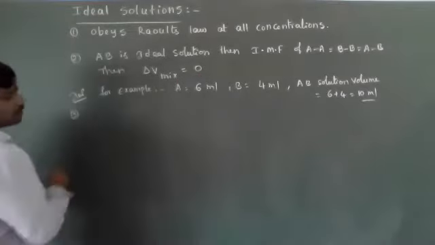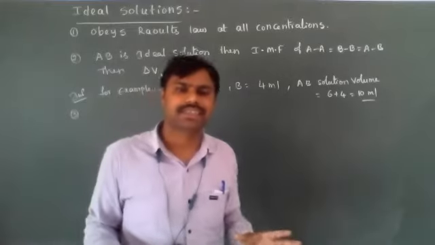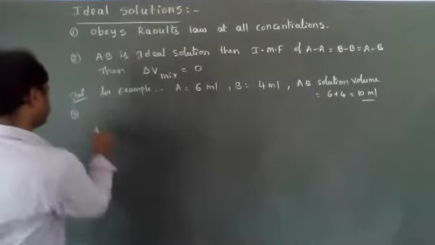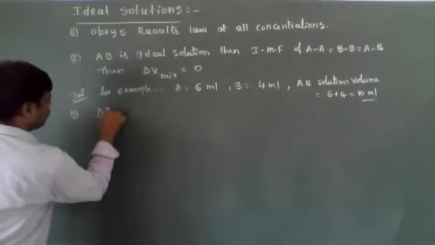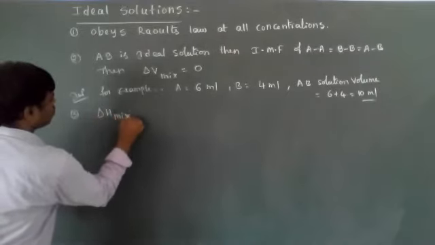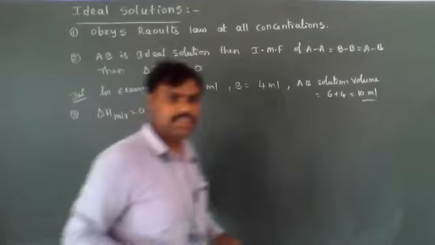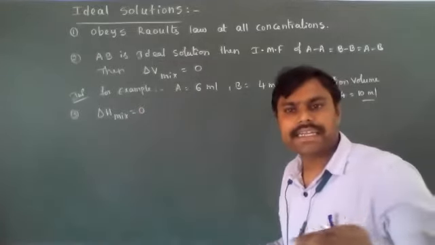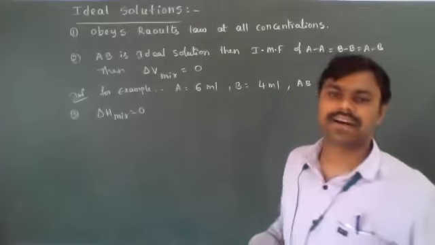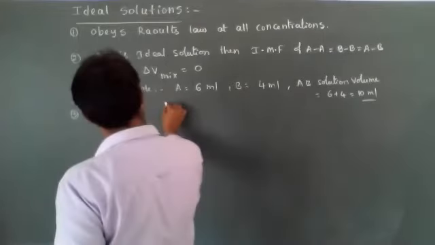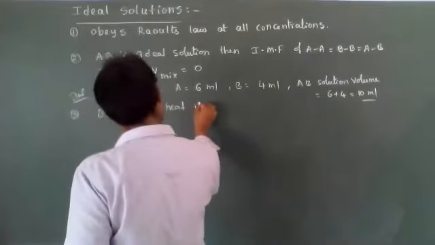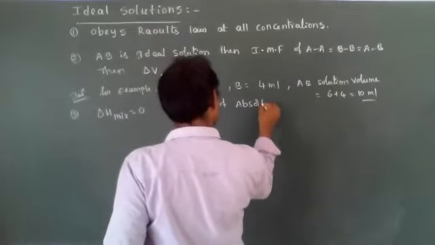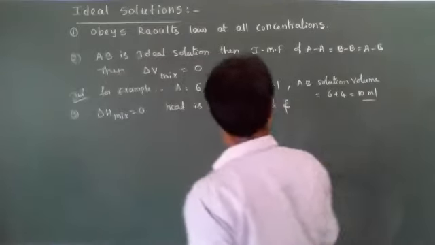The next one: during the formation of an ideal solution, heat is neither absorbed nor released. So delta H mixture is equal to 0, meaning during the formation of an ideal solution heat is not released and not absorbed.